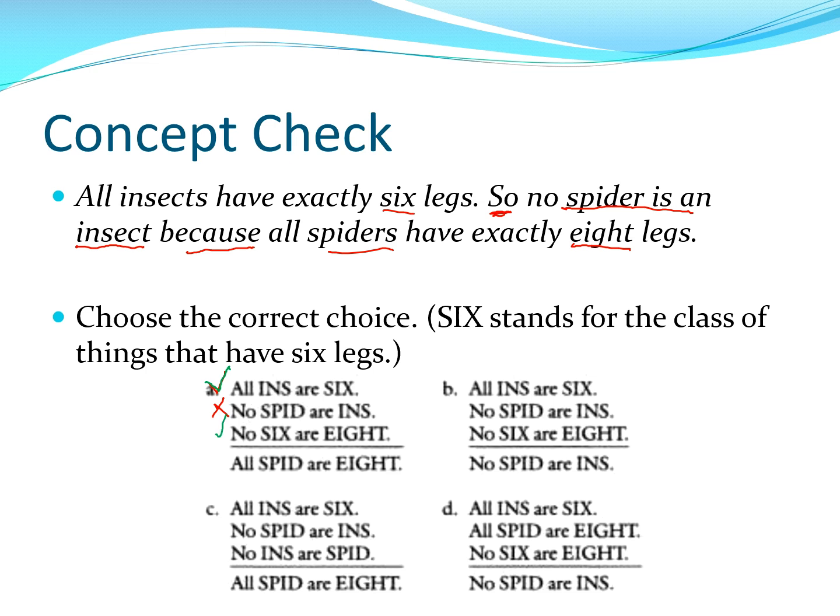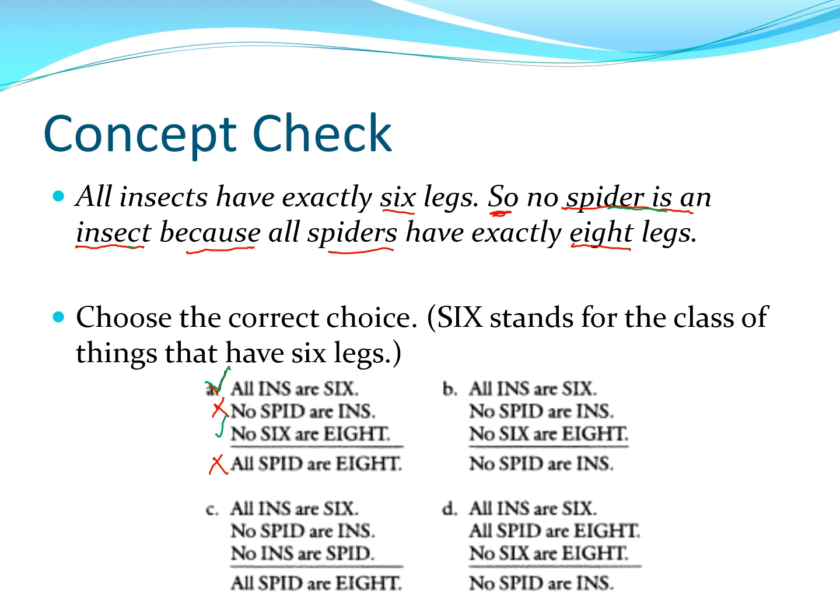And then all spiders are 8. Well, our conclusion says that no spider is an insect, and so that definitely is not correct there. Okay, so definitely not A.